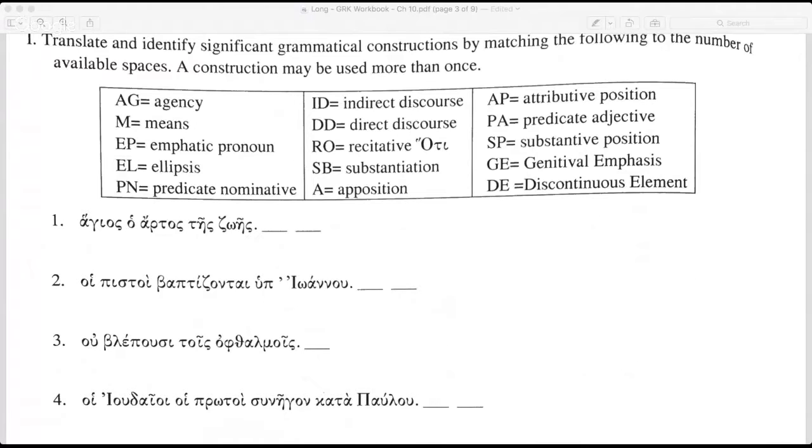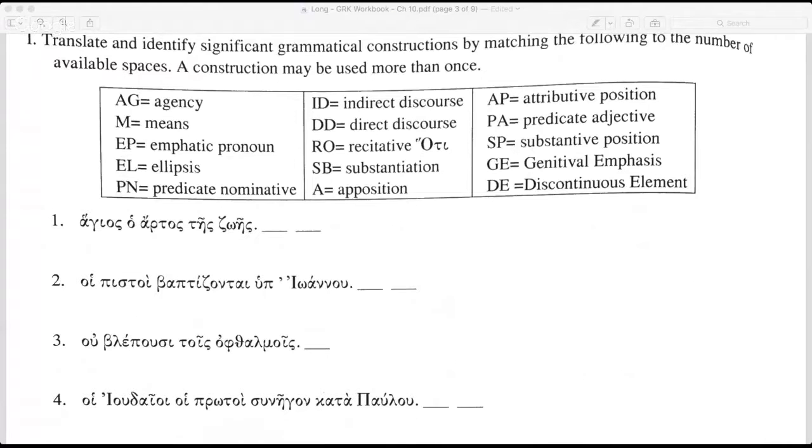This is where we move towards at the end of 502 and into intermediate. It's assumed that you know your endings. It's assumed that you know your vocab. And this is what you're growing in from that point forward: the ability to read a Greek sentence and then to be able to talk about that Greek sentence.